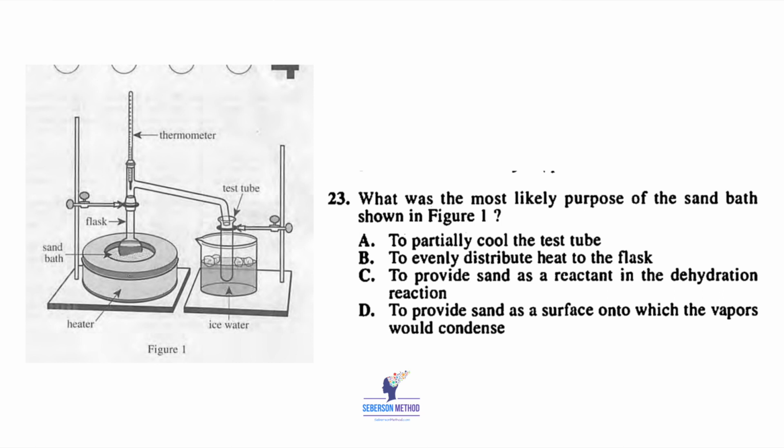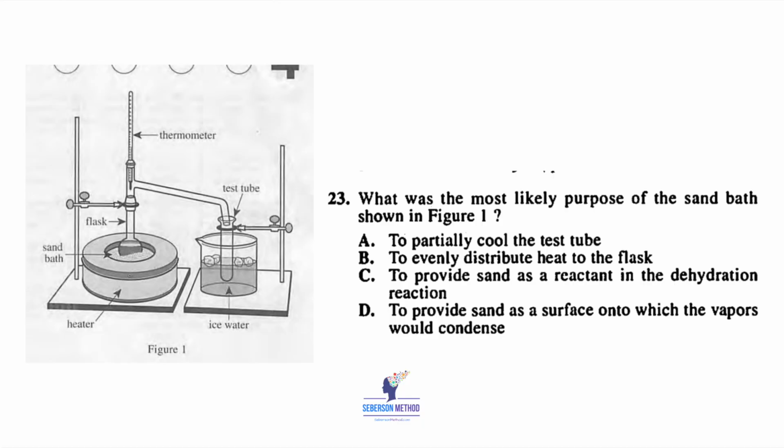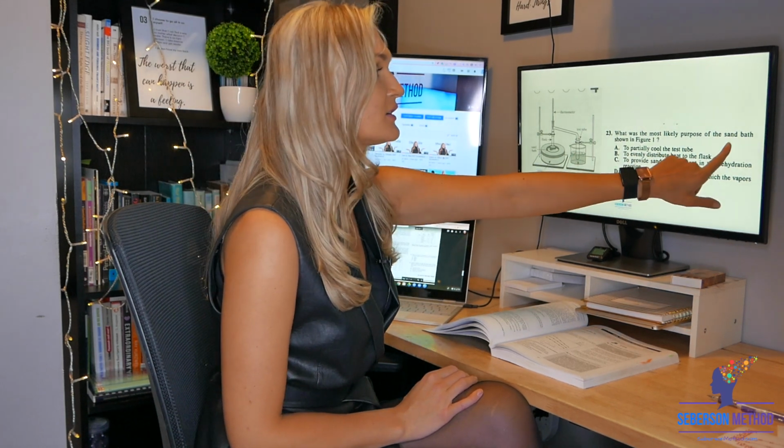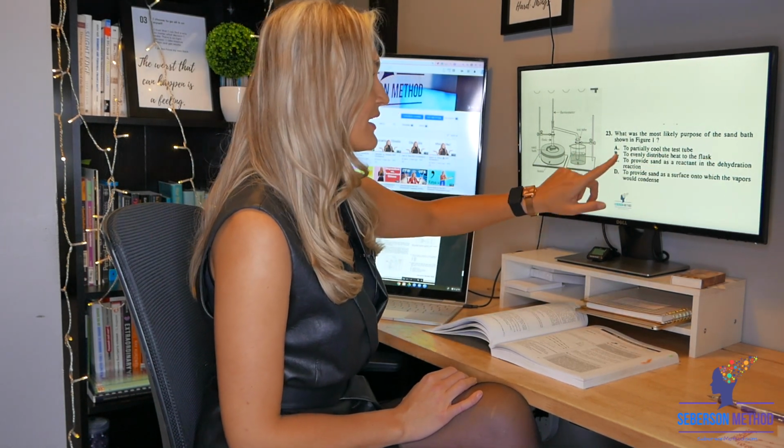If you said B, you are right. However, I just want to point you to some tricks that the ACT is trying to use. Why do you think right there they used an ice water and they actually drew the ice cubes for you? Because they're trying to trick you. They're hoping that you will overlook that you're looking at the sand bath, and guess what?